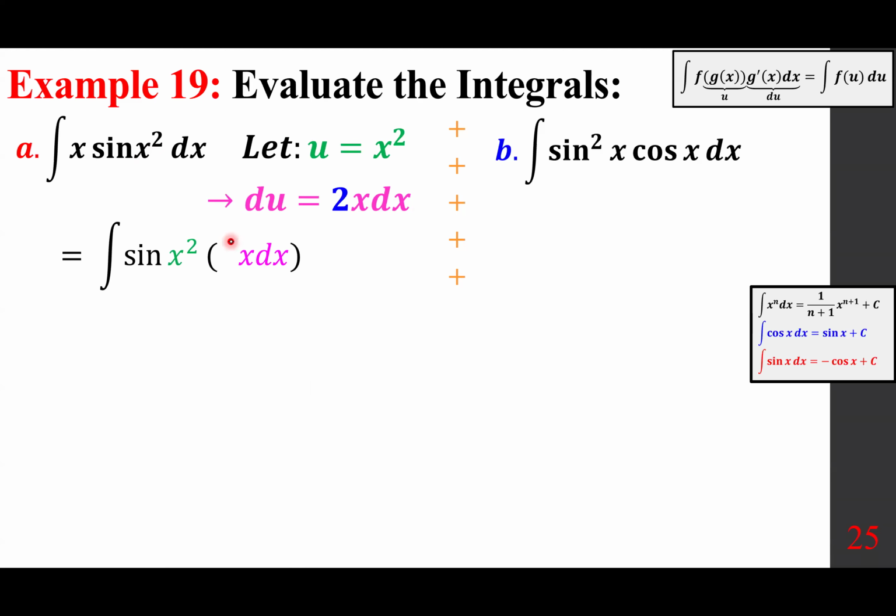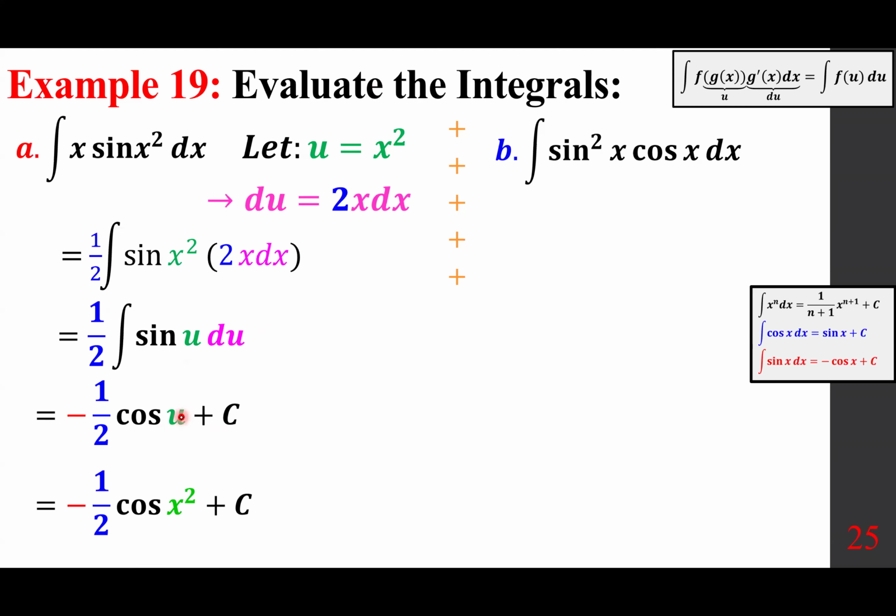We can solve for dx or simply plug in 2 and 1/2 because the product is 1. So we are dealing with half of the integral of sine u du. The integral of sine is negative cosine. And minus 1/2 cosine u plus a constant, replace it, and the final answer is negative 1/2 cosine x squared plus c, and we are done.